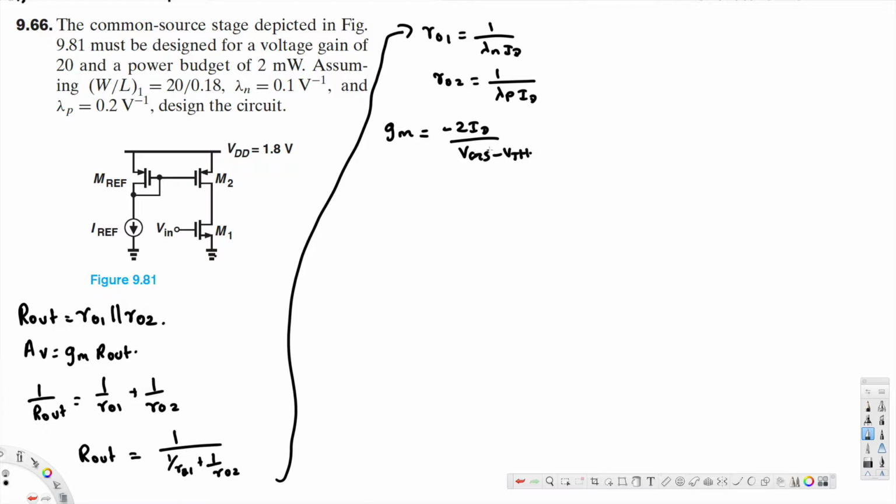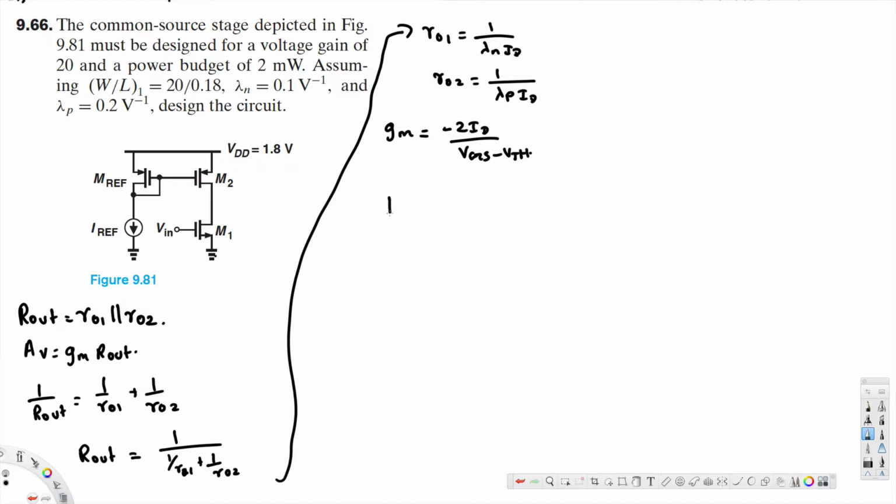Also, the lambda n and lambda p values are provided. Now what we are going to do is, instead of 1 over RO1 and 1 over RO2, replace them with these values: 1 over lambda n ID and 1 over lambda p ID.